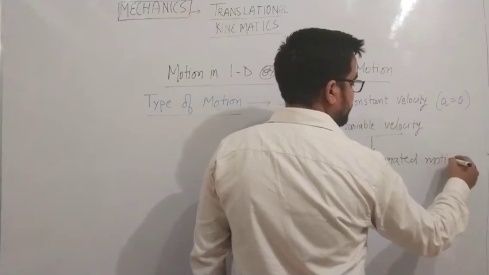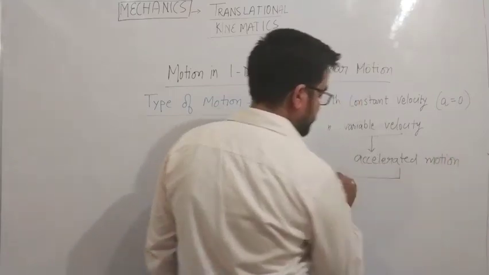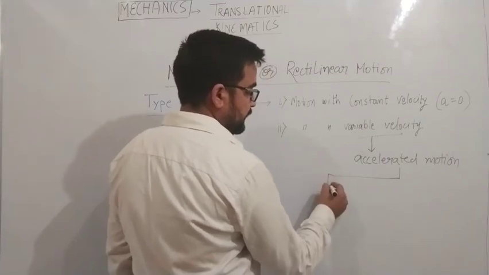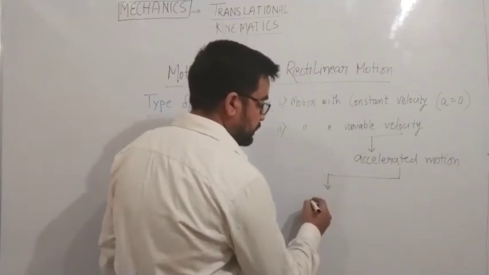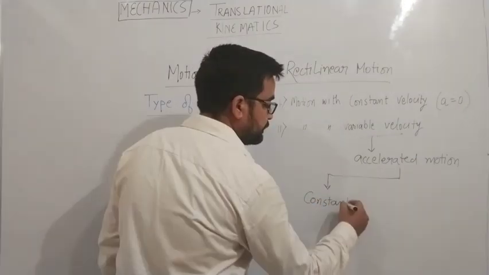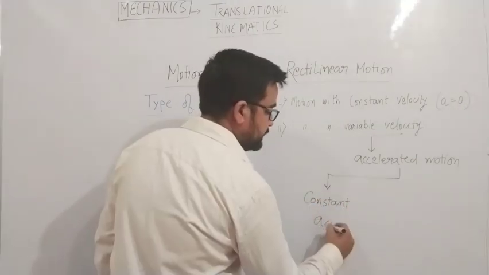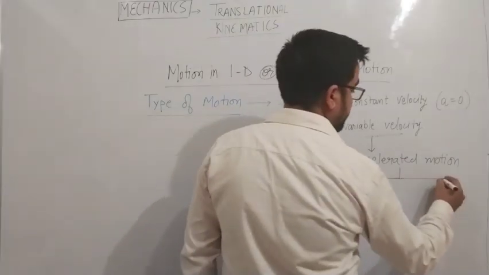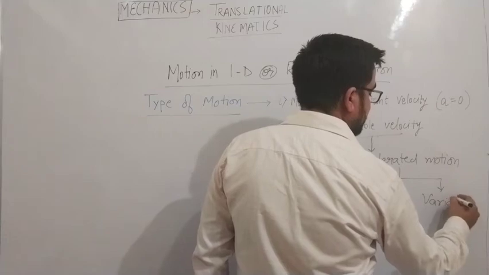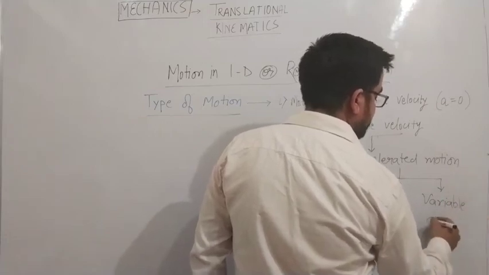This accelerated motion can be of two types: either acceleration is constant, or acceleration itself varies, so variable acceleration.